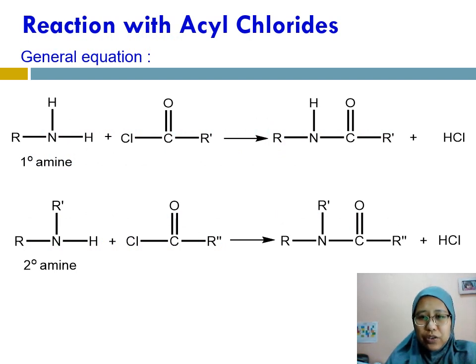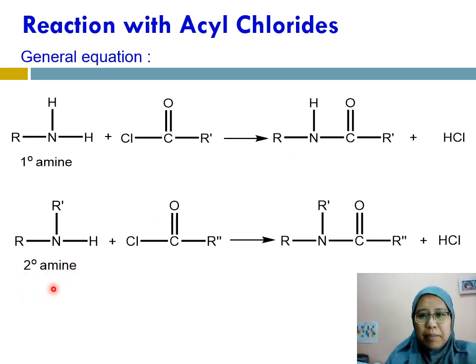Okay, this is the general reaction for the acylation of amine. For primary amine, we are going to produce this compound, whereby, as you can see, here is the amide bond.